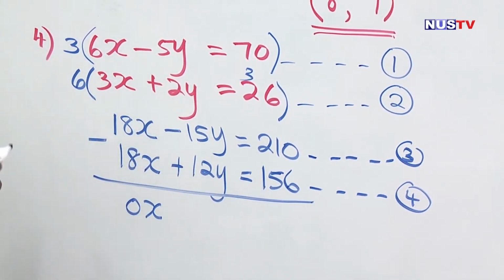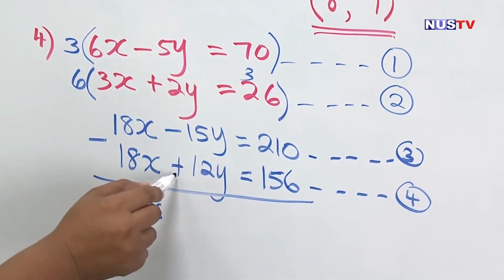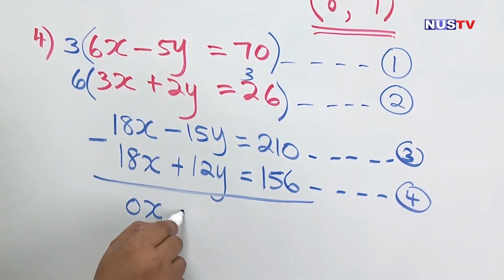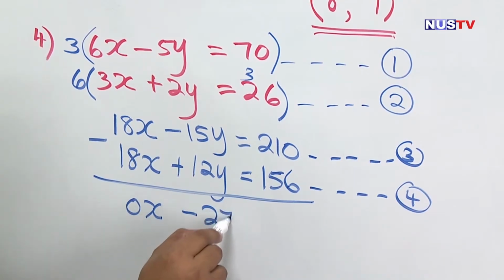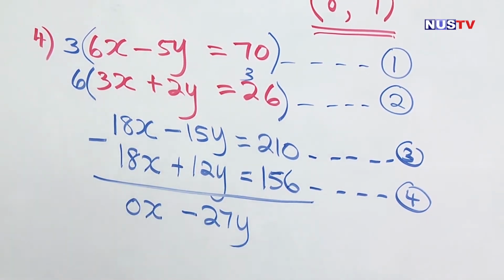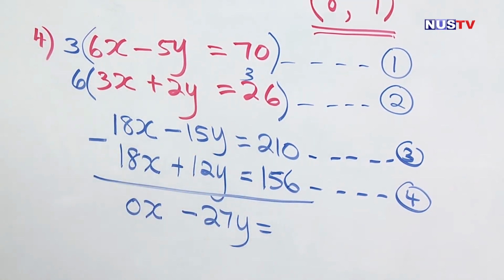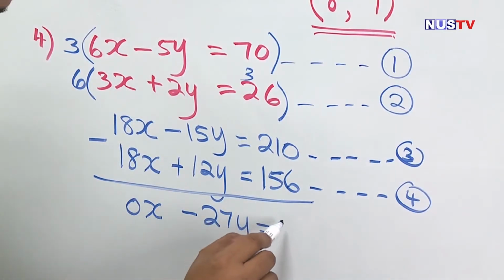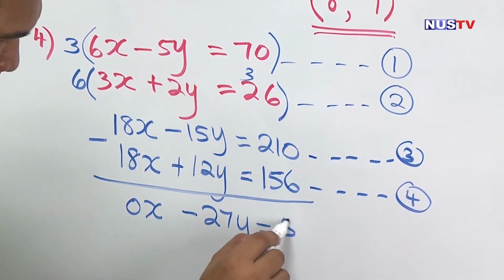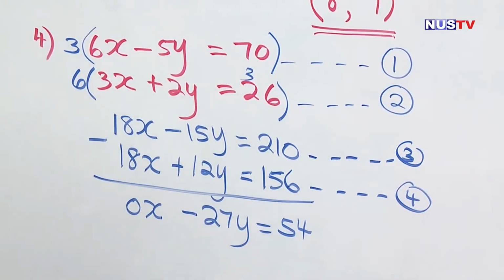Negative 15y minus positive 12y, that will be negative 27y. And that is equal to 210 minus 156. So that will be 54.